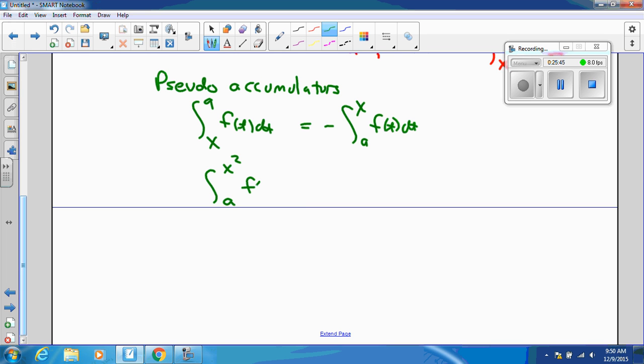Or we might have this one. This is a pseudo accumulator because it is not exactly integrating out to x, but it's integrating out to x squared. What does that even mean? Well, what that really means is I first take an x value, then I square, and then I accumulate out to x squared. So we could rewrite this in terms of some kind of substitution.